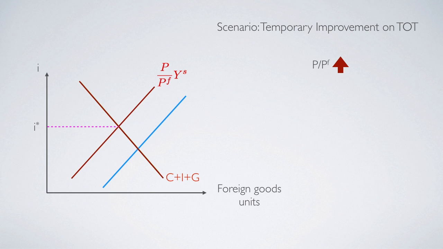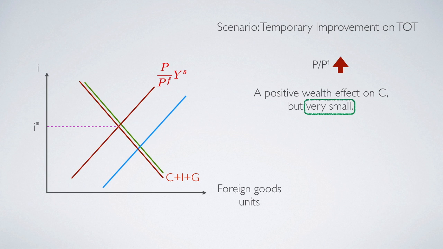It would create a positive wealth effect on consumption, but this effect will be very small. The reason it is very small is that we are talking about a temporary improvement. So because it's very small, you can see that I move the YD line outward, but mildly.